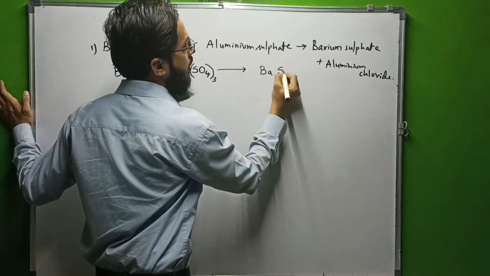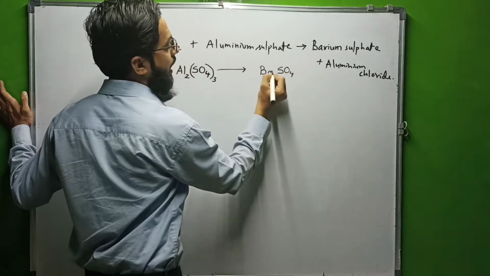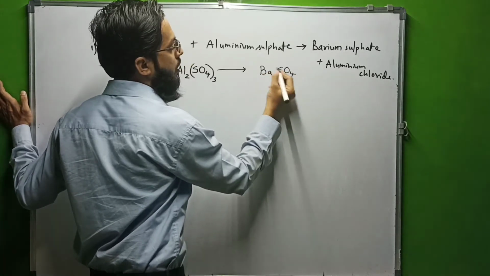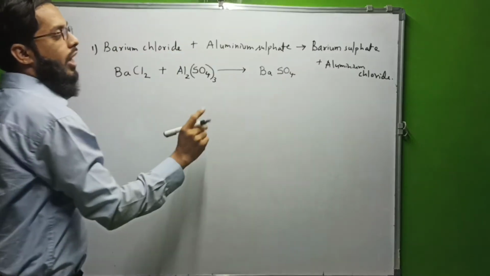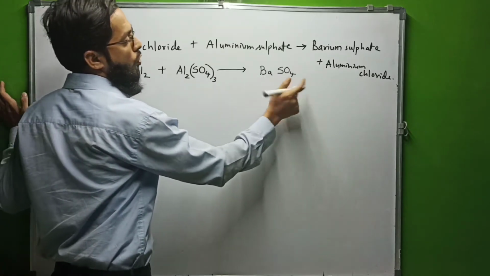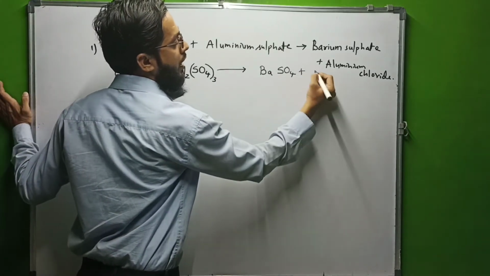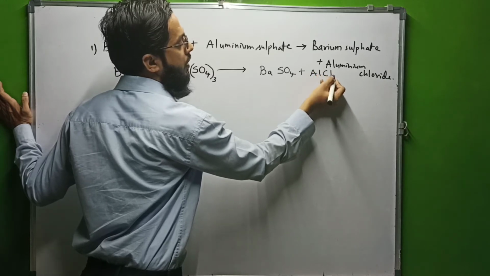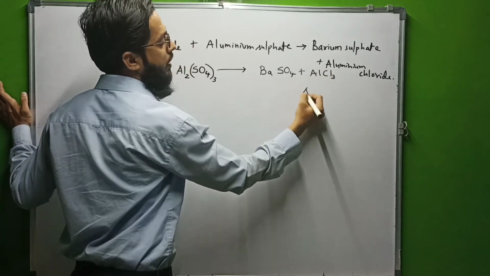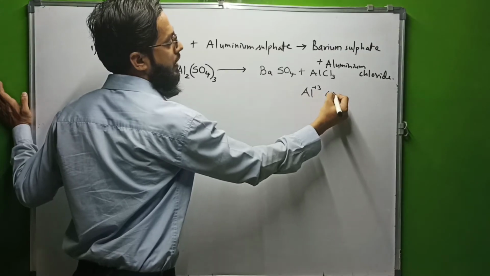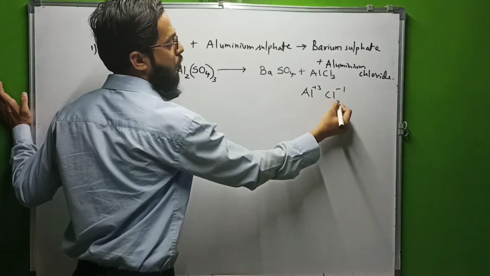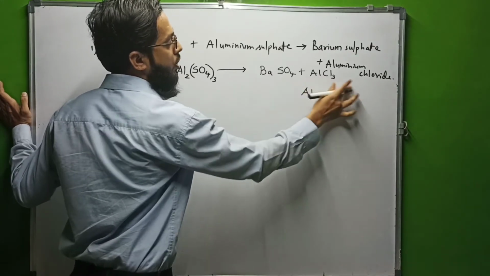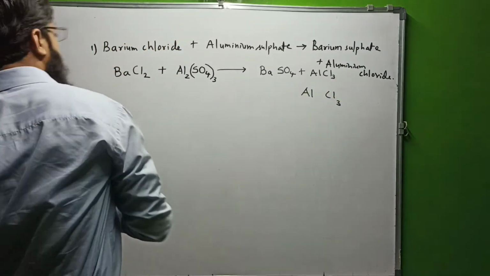Barium sulfate: as I told you, when the valencies are the same, we don't have to write anything. Ba plus 2, SO4 minus 2, so BaSO4. Plus aluminum chloride, AlCl3, because Al is plus 3 and Cl is minus 1, so this 3 will go here, and 1 we don't have to write.